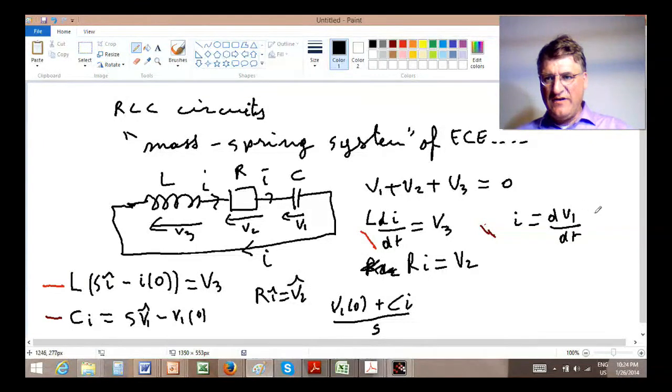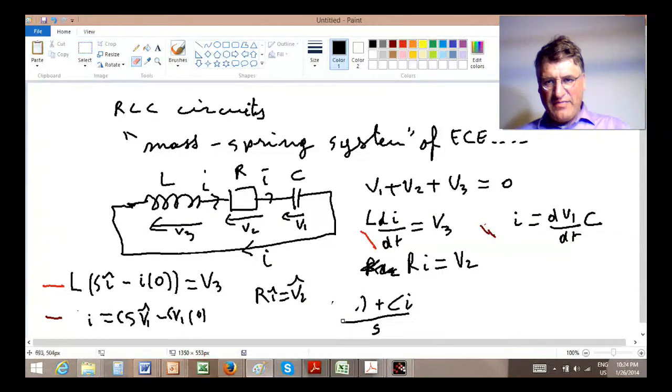With that correction, the C doesn't go there, but instead goes here. So it's going to become C times S V1 minus C times V1 of 0.